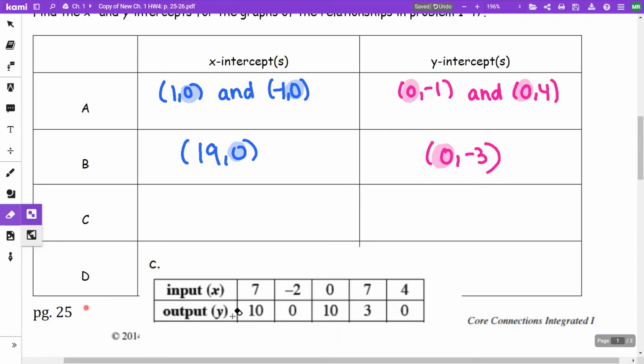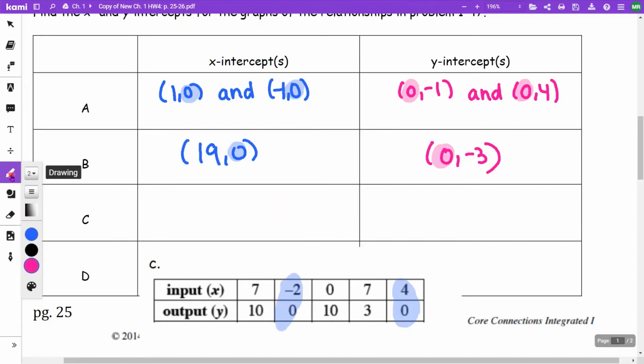So here I have my table. And what you want to notice is that for my x-intercepts, my y is 0. So I'm going to be looking to see where my y is 0, which is here and here. So I am going to have this one here and this one here.